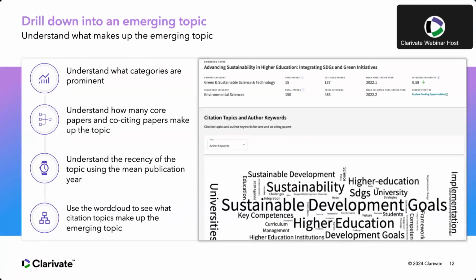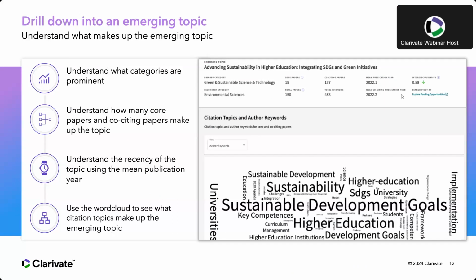Okay, so what you could also do is drill down deeper into an emerging topic. So if I pick that topic that we named Advancing Sustainability in Higher Education, Integrating SDGs and Green Initiatives, you have the primary category, the secondary category of those papers, number of papers, total papers, some statistics about total citations, co-citing papers, right?